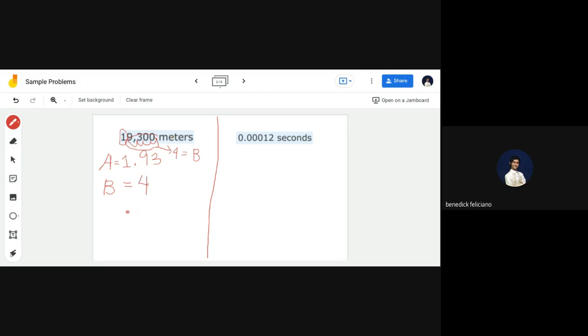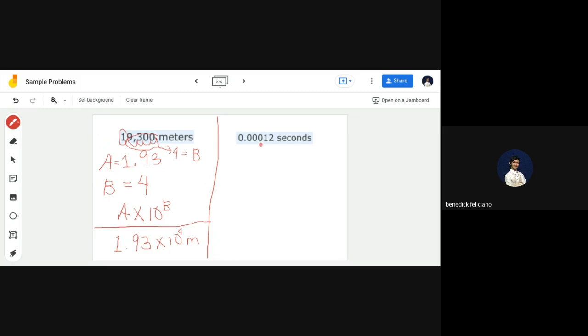We will just substitute it in our format, which is A times 10 raised to B. So our scientific notation is 1.93 times 10 raised to 4 meters. Let's not forget the units. So that is our final answer.